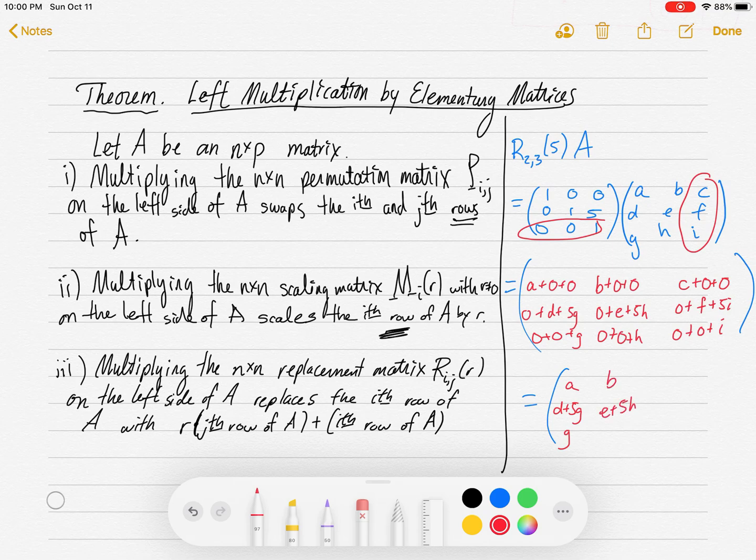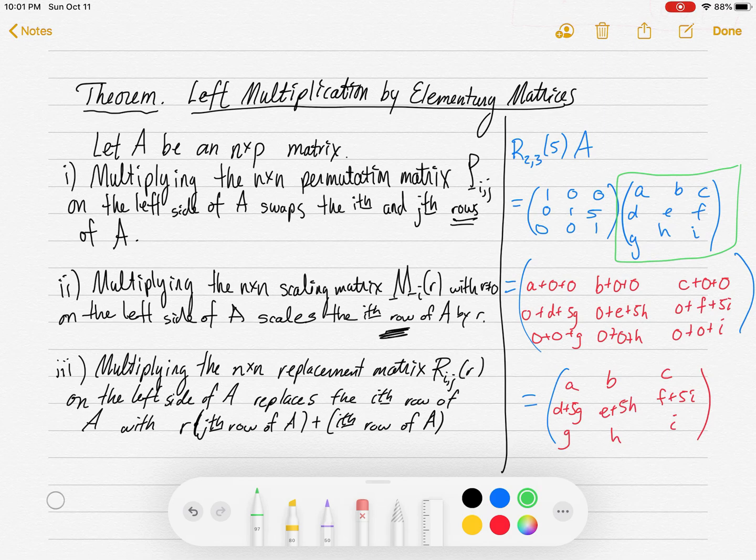If I write that down, that's A, D plus 5G going down the first column, G. Second column is going to be B, E plus 5H, H. And the third column is going to be C, F plus 5I, I. Okay, so let's look at this matrix and let's compare it to the matrix A here.